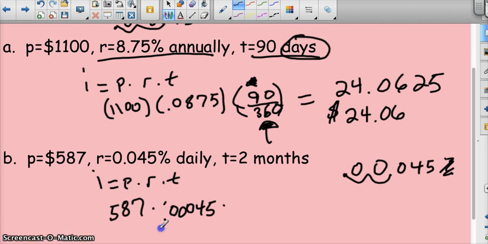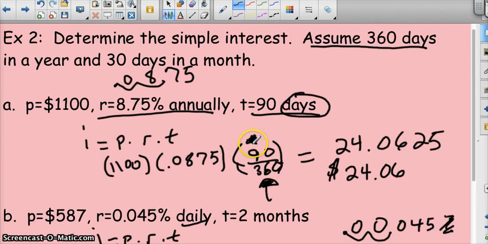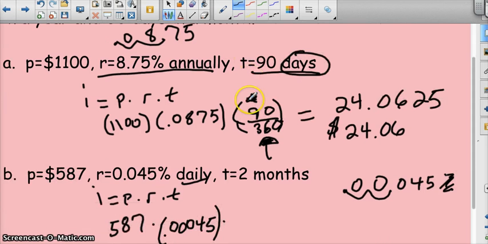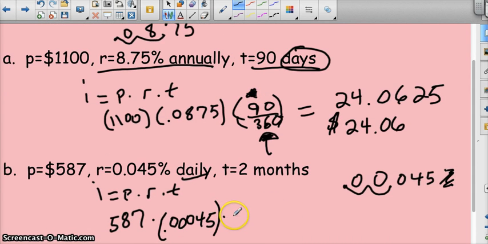And the actual amount of time. Well, we can't just put in 2 months because this is not in months. You've got to convert your actual time label to your rate label. Well, this is in days. So you ask yourself, how many days are there in 2 months? Well, we'll look up above and it says assume there's 30 days in 1 month. So if there's 30 days in 1 month, how many days are there in 2 months? Well, to find that, we would multiply the two times 30. I hope you would agree with me.